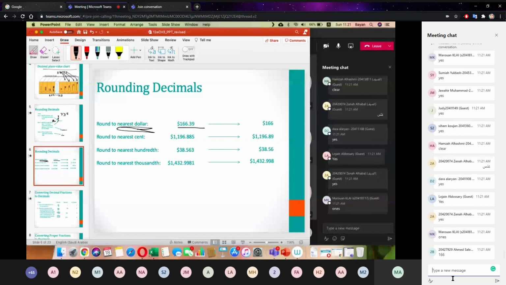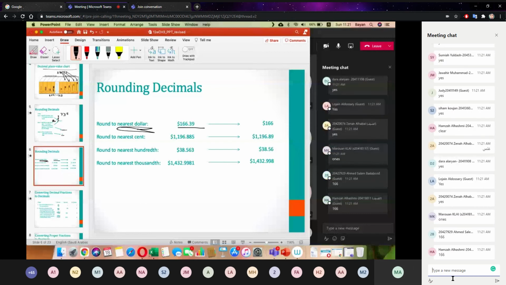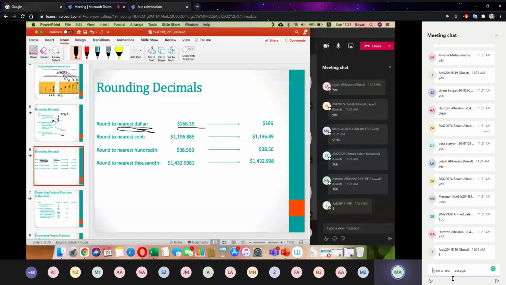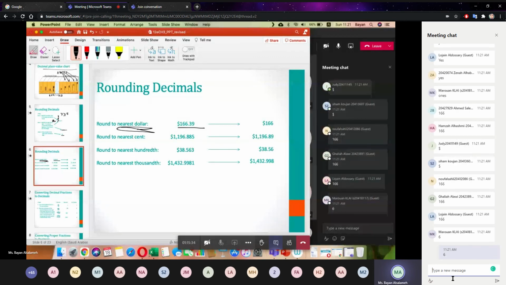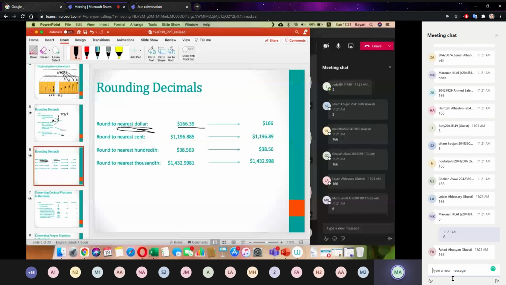Yes, dollar is the one's value. Not the dollar symbol. Where is the number we call dollar here? Yes, number 6. This 6 we call dollar.